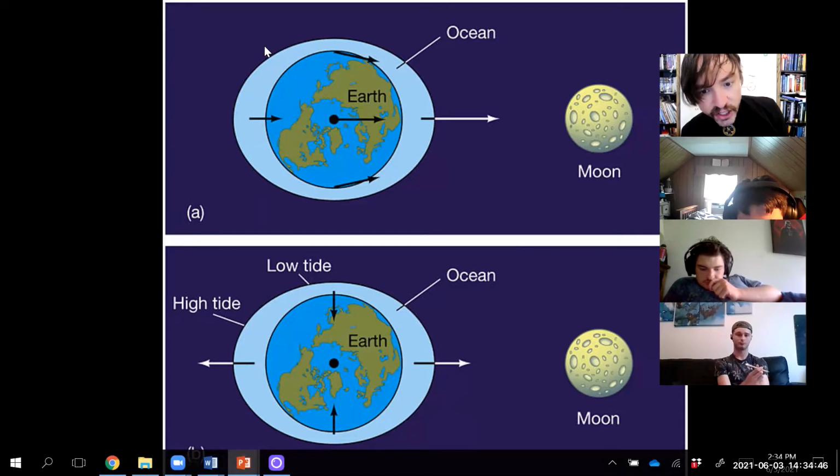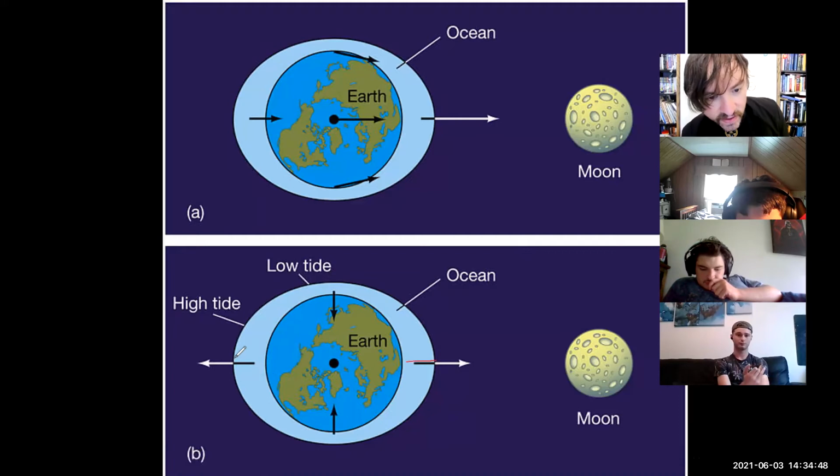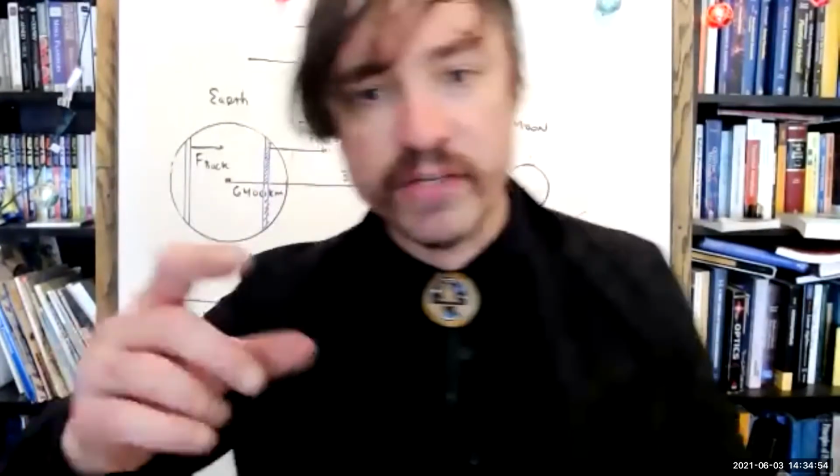In any case, you end up with 2 high tides aligned with the moon and 2 low tides which are being squished and compressed. I should also mention that not only do the oceans bulge in the direction of the moon, the atmosphere distends into the moon's direction, and even the ground rock underneath your feet deforms every day by roughly 3 centimeters in the direction of the moon.